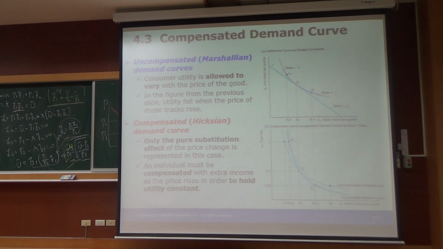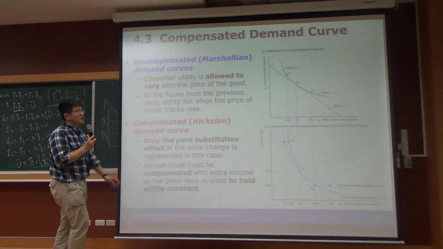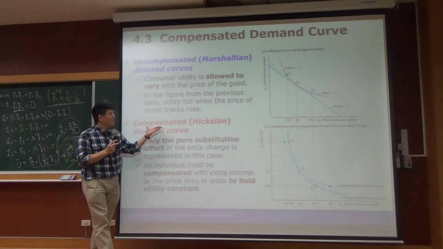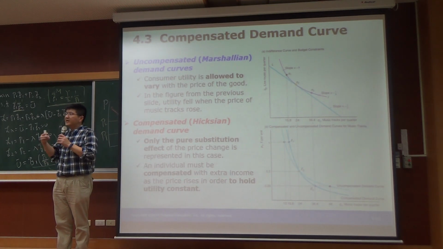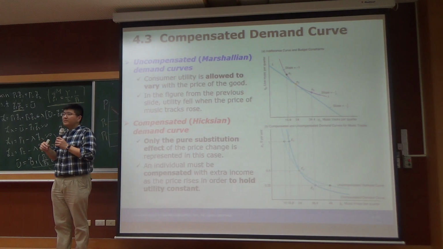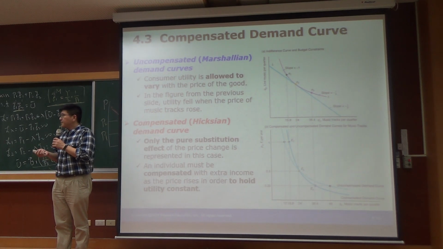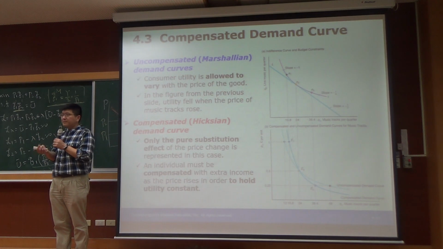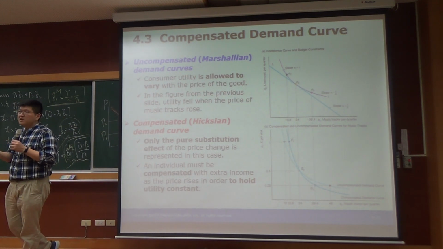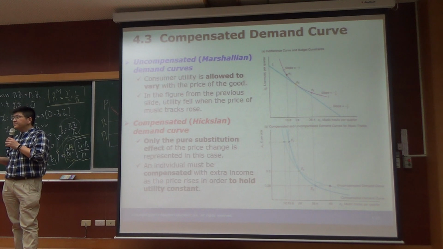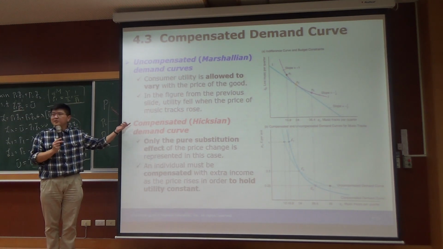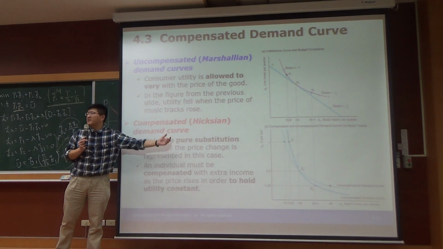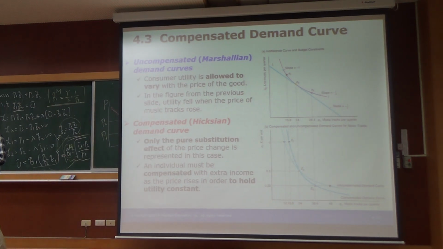Just remember the basic idea, the basic logic is that it's compensated. Why do we call it compensated? We want you to be compensated so that you may stay on the same indifference curve with the same level of happiness, with the same level of utility. Okay? So all you need to do is to understand why we use the term compensated.